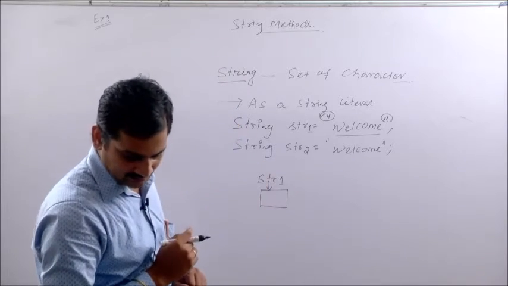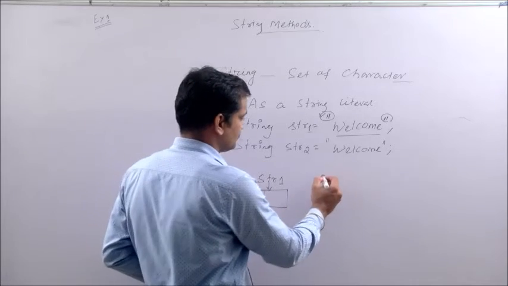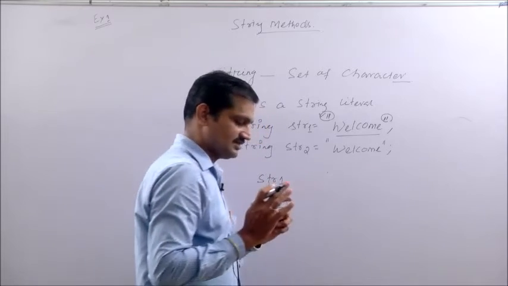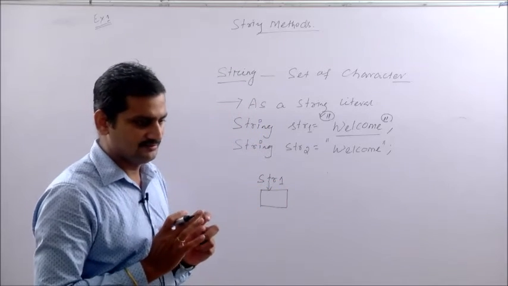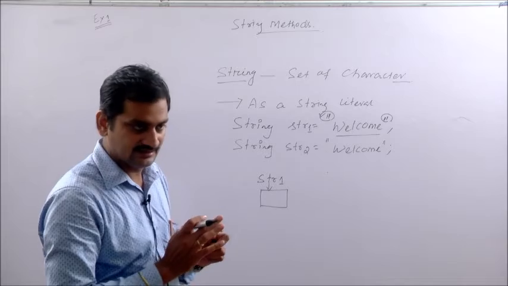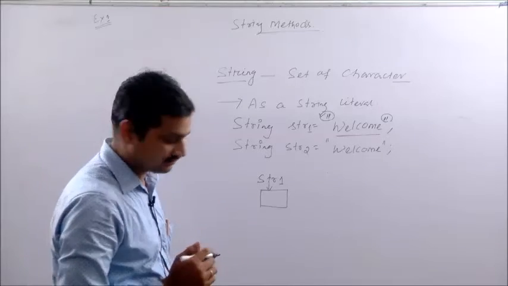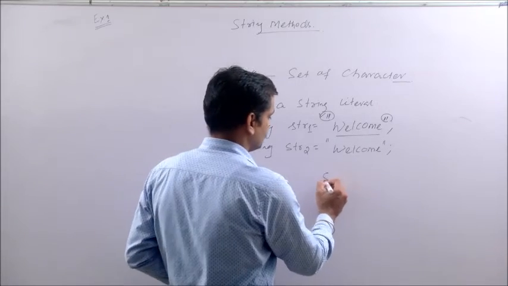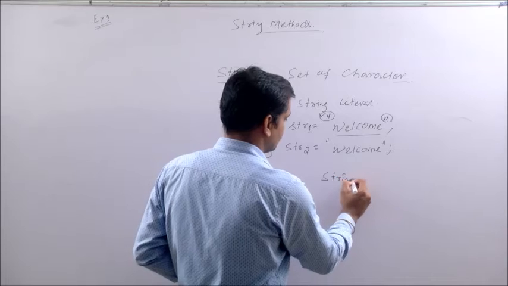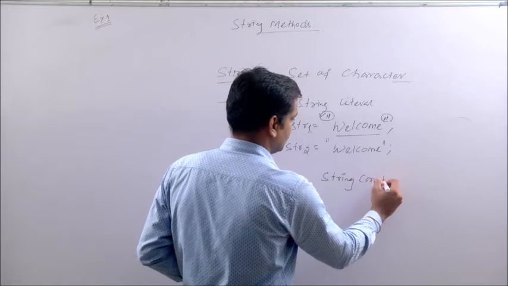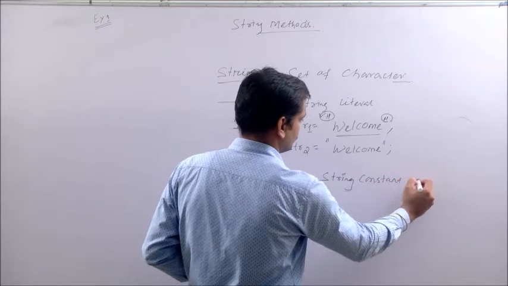Whatever string literal the JVM stores is kept in a predefined area that is called the string constant pool.